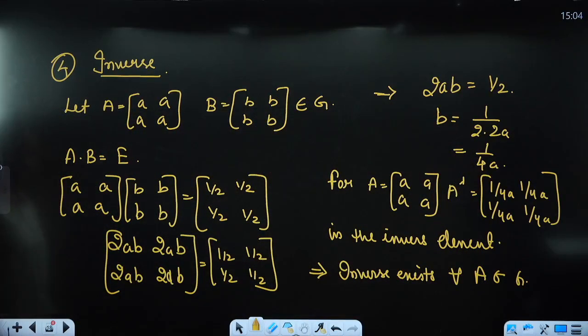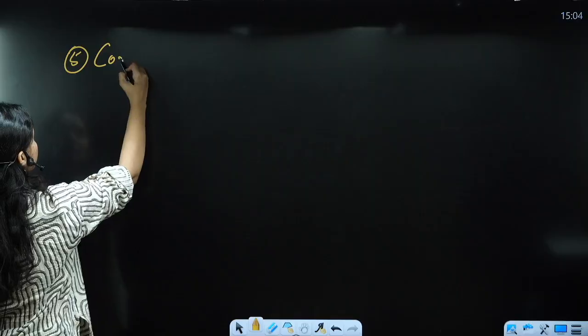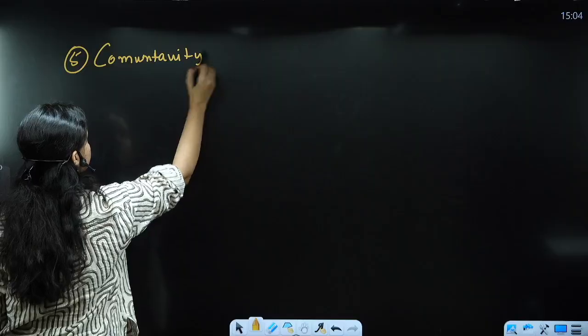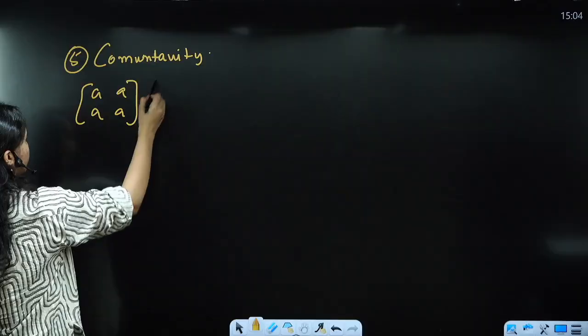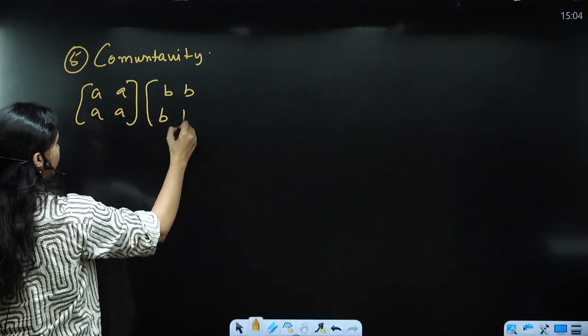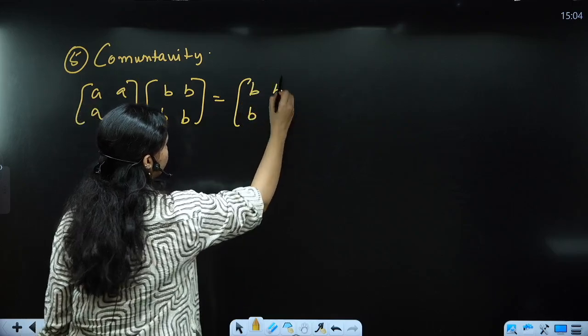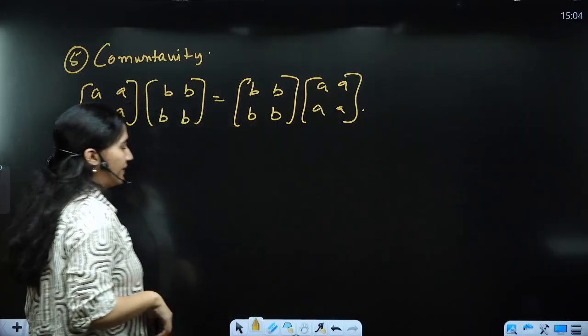Moving on, last property is your commutativity. Let's take for an example A and A, and then you have B and B, and then you can check if the commutativity holds for these two matrices.